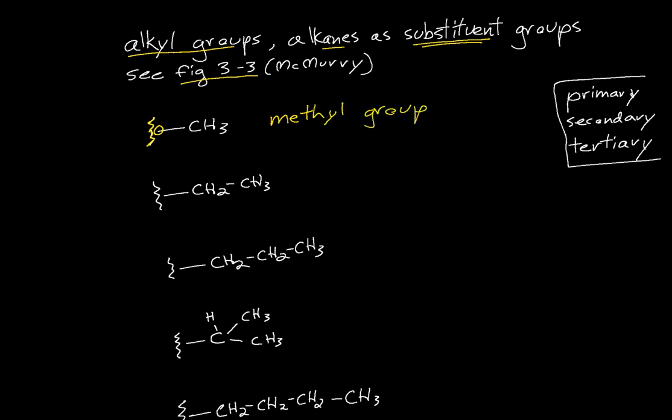So substituent groups, when they're alkyl groups like these, have the suffix -yl. So instead of methane, it's a methyl group. Instead of ethane, it's an ethyl group. Imagine these stuck onto a larger chain off to the side, for example. Here's a propyl group.